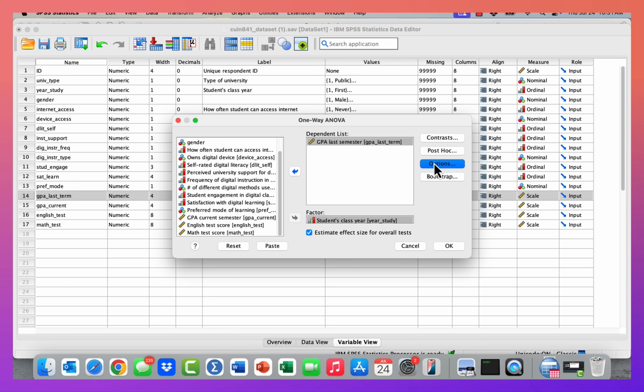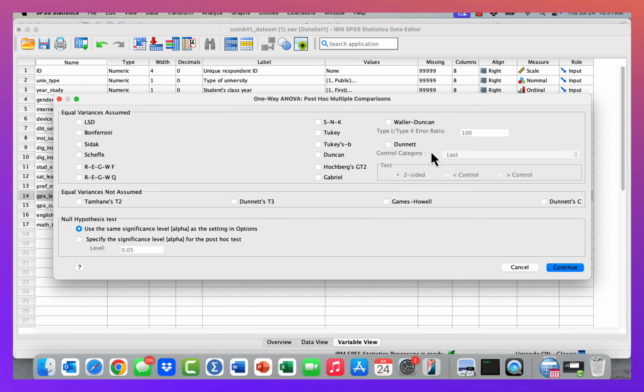The other thing besides the options is we want to ask for a post hoc test. As I mentioned already, the ANOVA omnibus test itself just indicates that there is some type of significant difference between at least one comparison of two groups in our analysis.